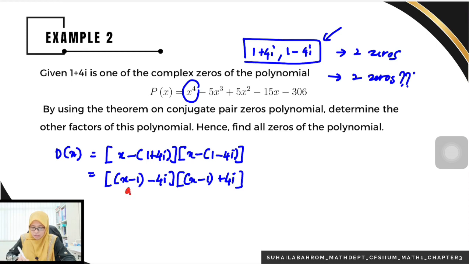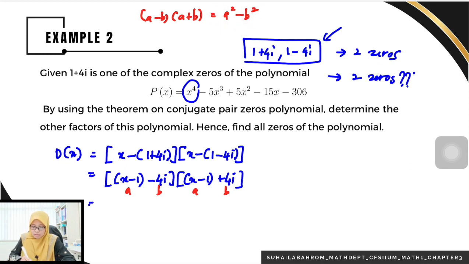We can assume this one as a and this one as b. So it is in the form of (a minus b)(a plus b), and we know that when you expand, you will just get a squared minus b squared. That's why we put it in this form; we can just use this formula.